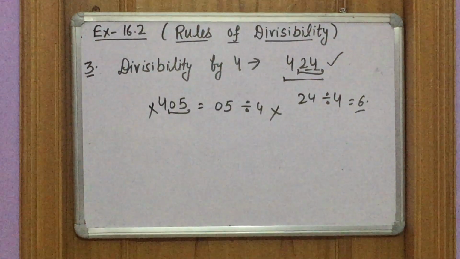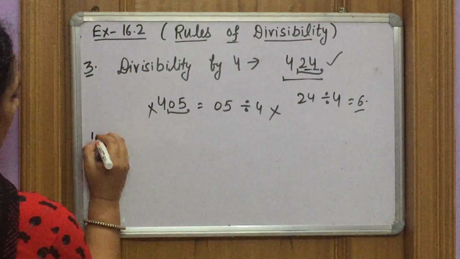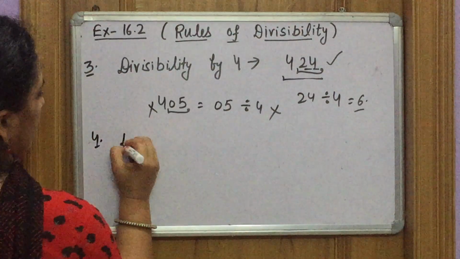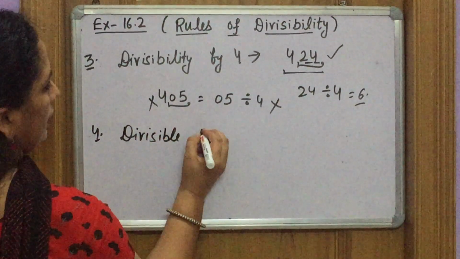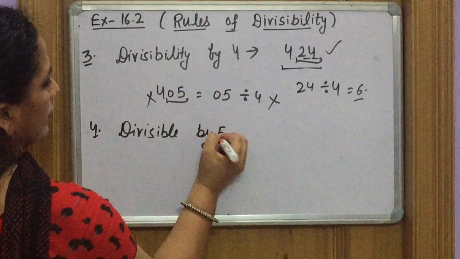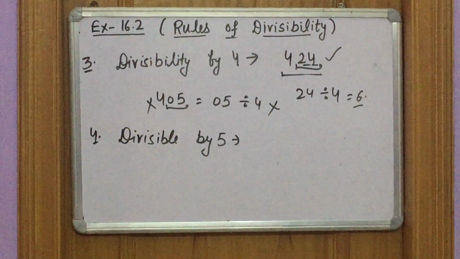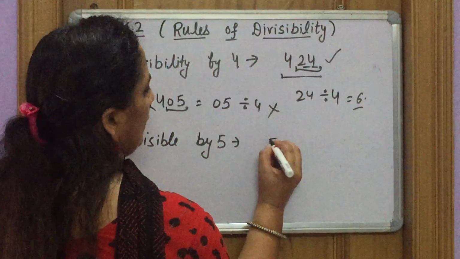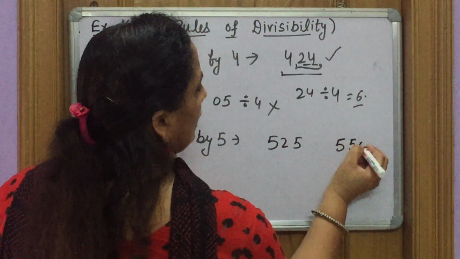Next is divisible by 5. This is very easy to check whether a number is divisible by 5 or not. For example, 525, 550.